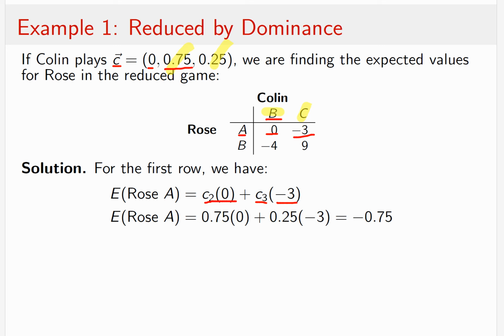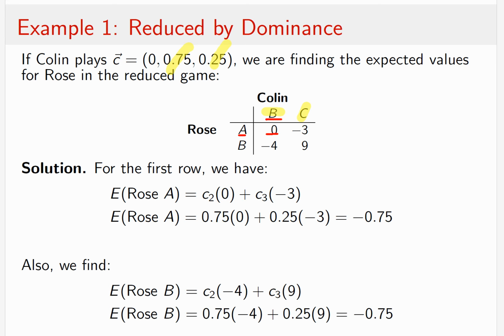Inserting what these values actually are, C2 is 3/4 or 0.75, C3 is 0.25, and the first term is 0, and I have -3/4 or -0.75, just following through the calculations. That's Rose's expected value for strategy A.